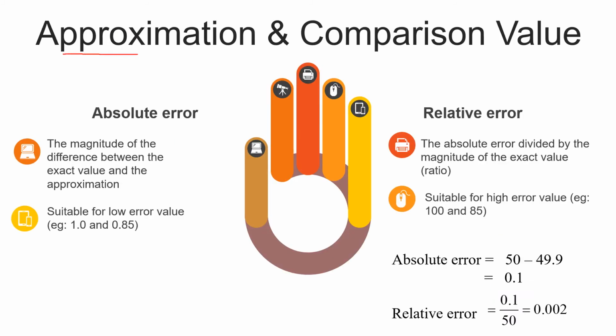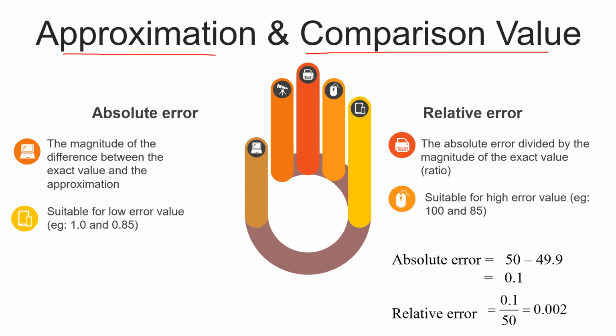So, next is about the approximation and comparison value. So, dalam engineering, basically we'll have the approximation ataupun comparison value yang akan digunakan. So dalam scientific name dia, kita panggil dia sebagai error lah.